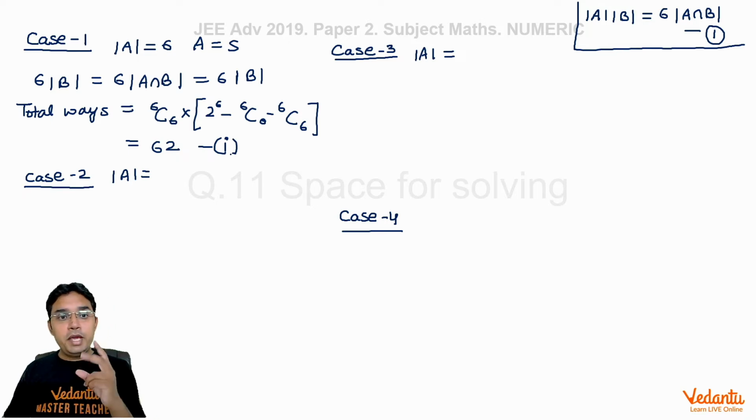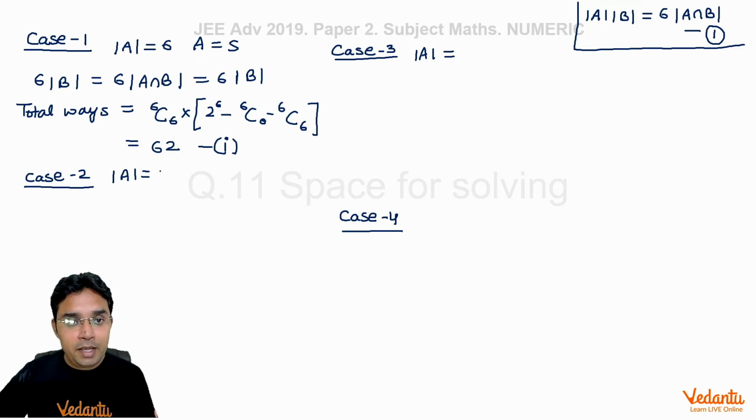Now coming to case 2, when the number of elements in A is equal to 5. In this case, from equation number 1, we can write |B| equal to 1.2 times |A ∩ B|.